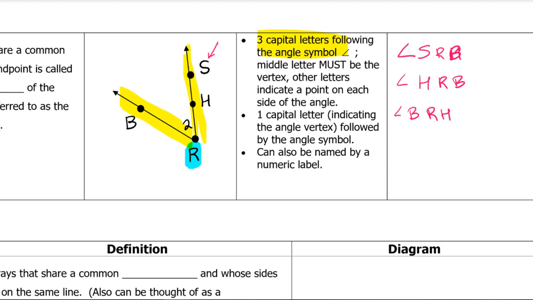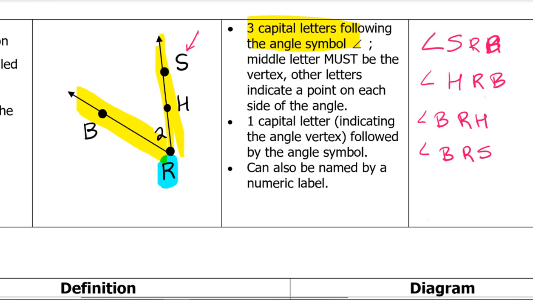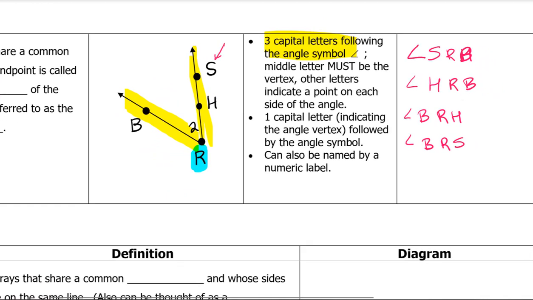That's like BRH, like Broad Run High School. That's cool. Or we could start with B, go to our vertex R, but then come out the other side, and that's S. Hey, Broad Run School, like it. So those are four different options that you could do using the three capital letters. But in every case, I want you to pay really close attention. That vertex is always going to be the part that is in the middle.